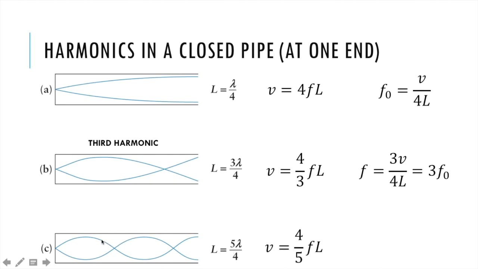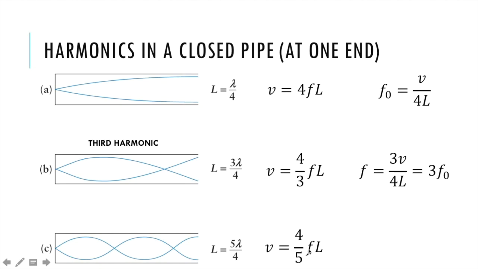Then the next simplest, again, we have a node, antinode, and we can stick 2 nodes in between. What we get is a full wave plus an extra 1/4. So we get 1 1/4 wavelengths. In other words, 5/4 of a wavelength is equal to the length of the pipe. Meaning the wavelength would be 4 times the length divided by 5.